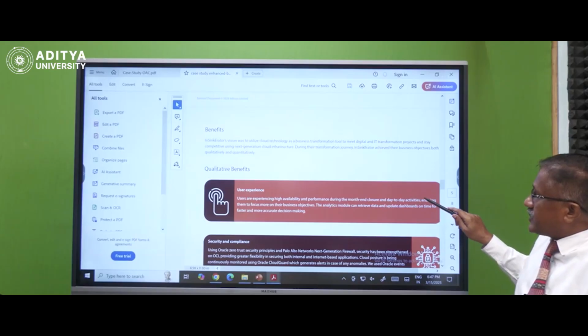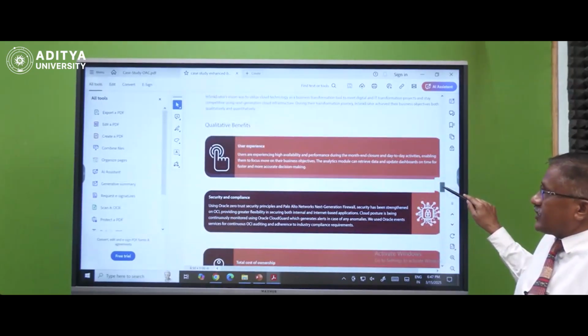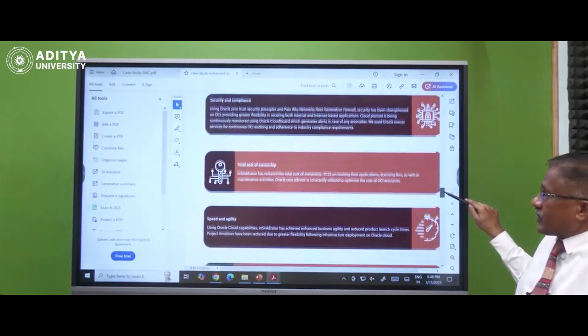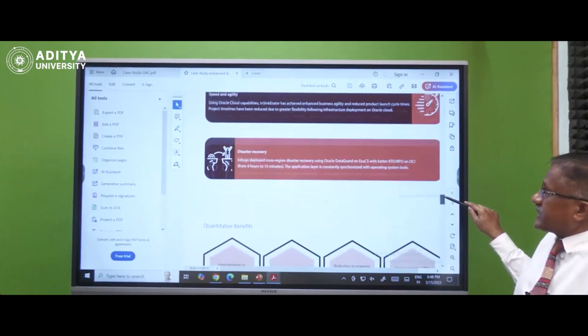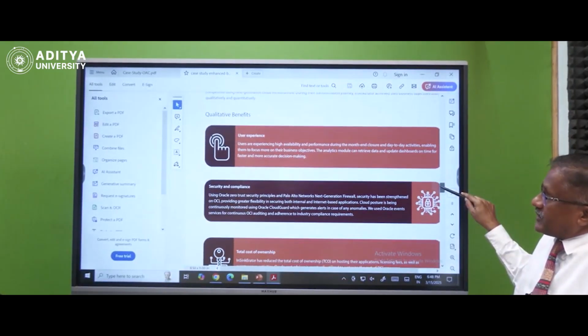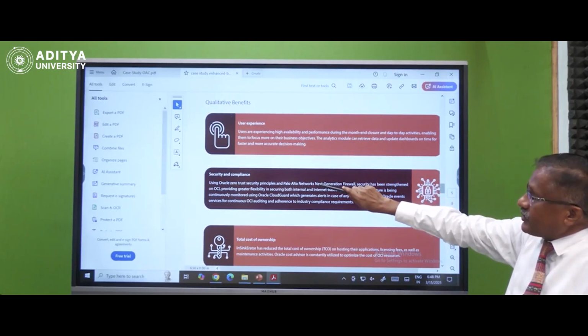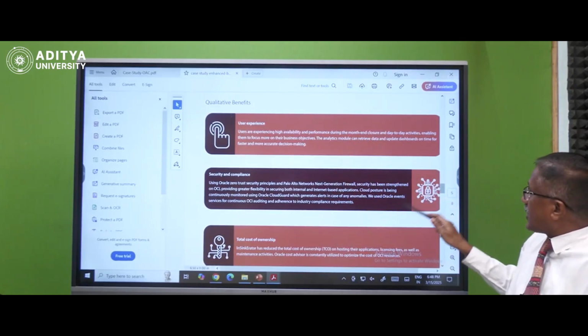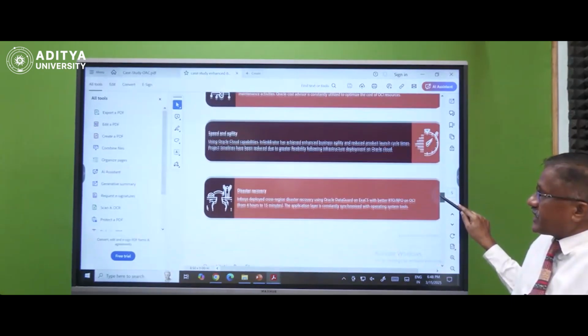The qualitative benefits: user experience, security and compliance, total cost of ownership, speed and agility, and disaster recovery. Once again, I'm listing them here: user experience, security and compliance, total cost of ownership, speed and agility, and disaster recovery.